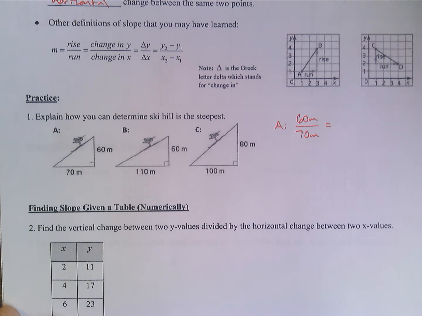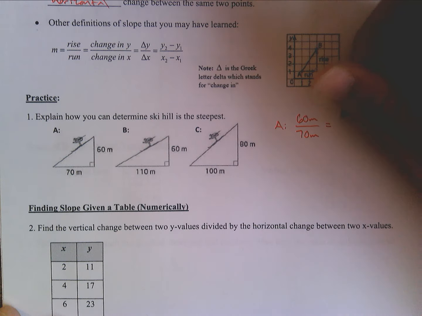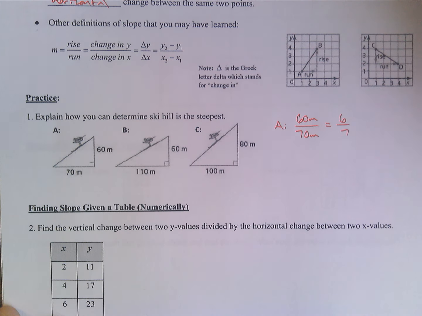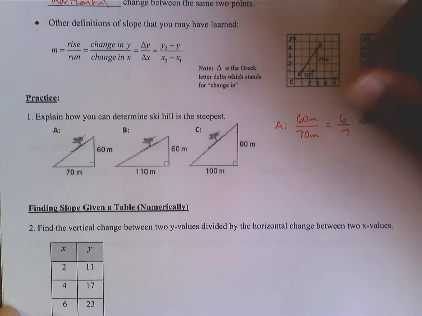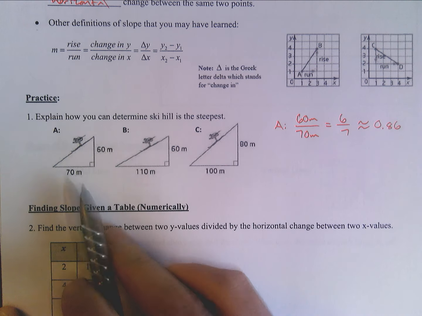We can factor out 10 from both the numerator and denominator, so we get 6/7. Approximating this, we get about 0.86. So the slope of ski hill A is about 0.86.